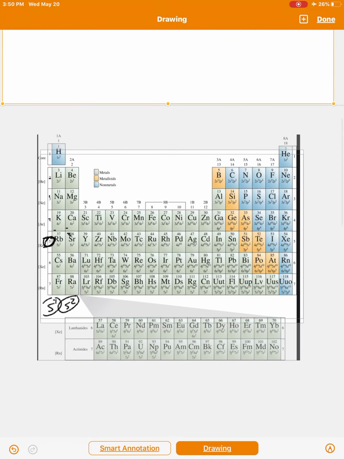So S1, S2, this would be D1 all the way through D10. And then this would be P1 all the way through P6. Okay? So if you were going to pick an element, let's say for example iodine, the noble gas that comes before that is krypton. So you would have bracket krypton, right?